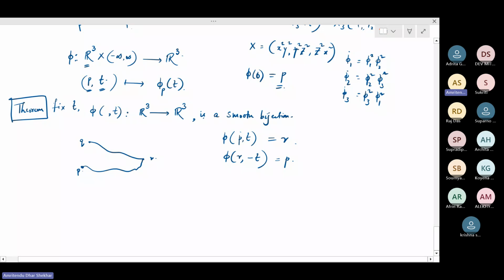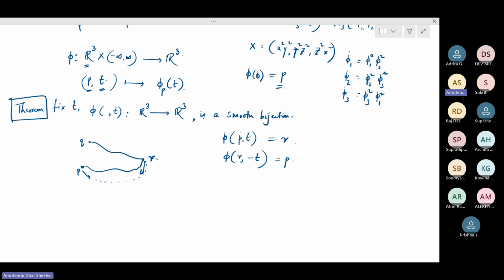Because you have started off from a vector field and you have arrived at R. If the two integral lines intersect, you will end up with either P or Q. And that is why the two flow lines cannot intersect.